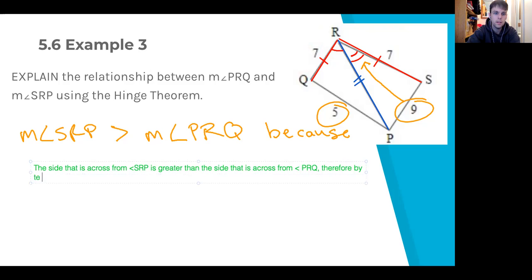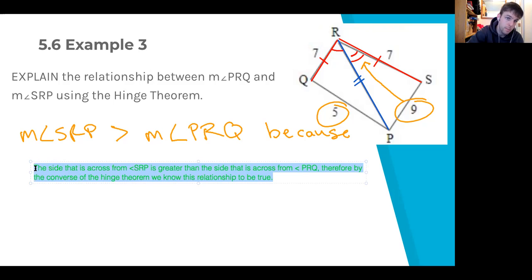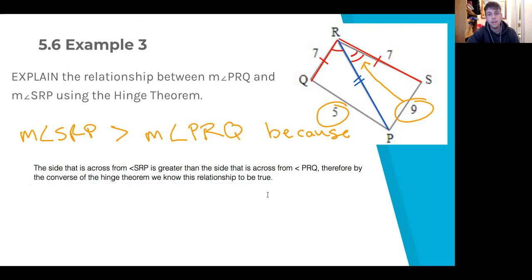Therefore, by the hinge theorem, rather converse of the hinge theorem, we know that relationship to be true.